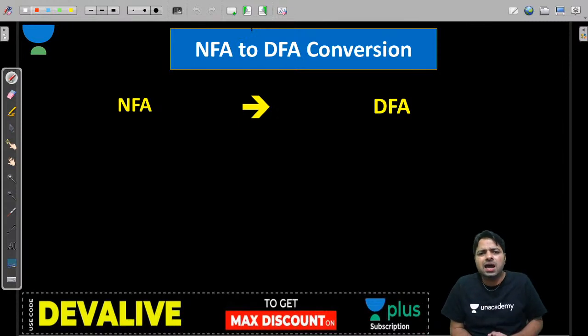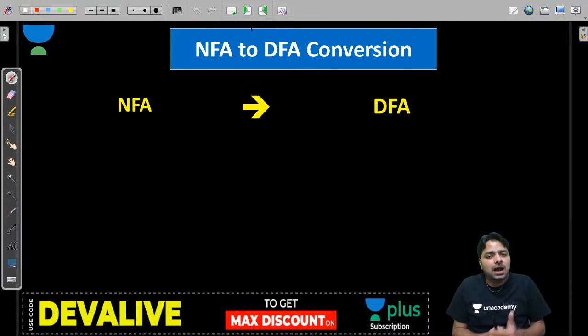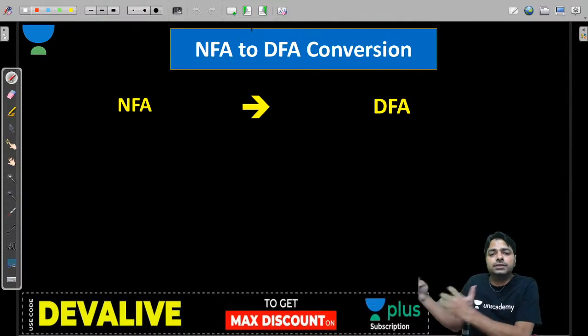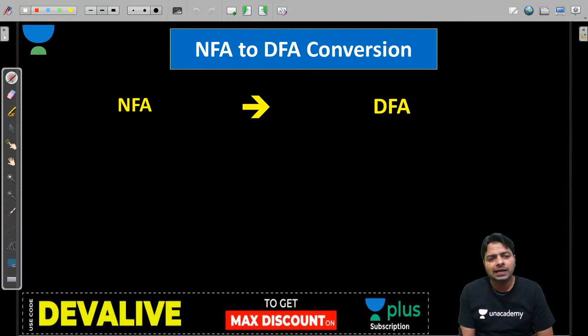And guys, I am going to show you NFA without epsilon moves. Later on, in miscellaneous topics, I will show how to convert an NFA with epsilon moves into a DFA. So the idea is: I have Q states and sigma the alphabet.